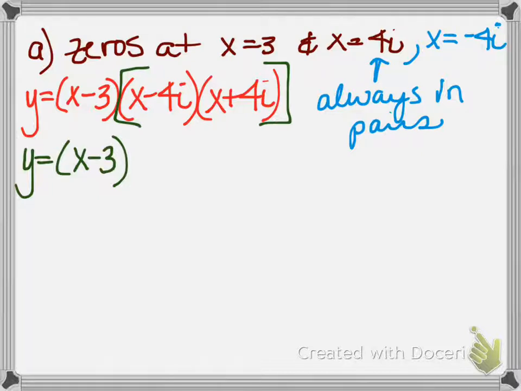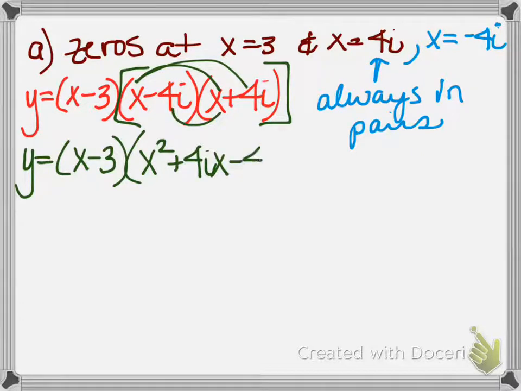So from here we go x times x, that's x squared, x times 4i, that's positive 4ix, negative 4i times x, that's negative 4ix, and negative 4i times positive 4i, that's negative 16i squared.